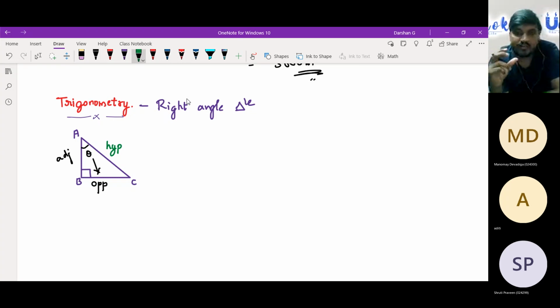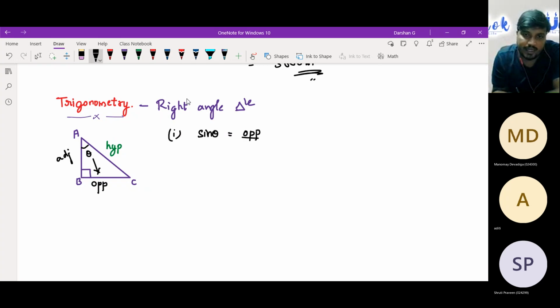We have several trigonometric identities which are defined on these triangles. Let's learn one by one. First one is sine theta, which equals the ratio of opposite divided by hypotenuse.